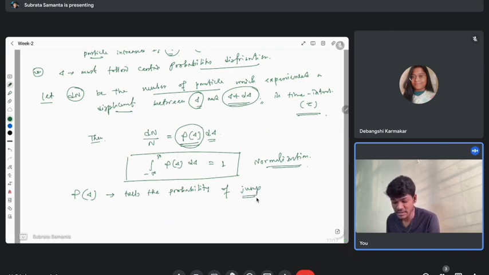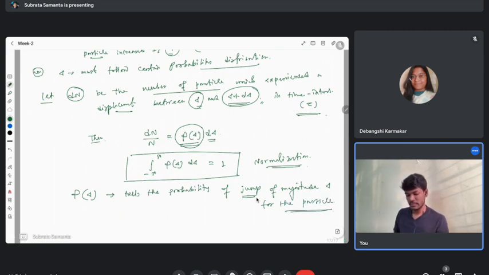Jump means the increase in distance. So this is the probability of a jump of magnitude delta for the particle. And delta is the variable, so it can take any jump. That's why delta is a continuous variable.